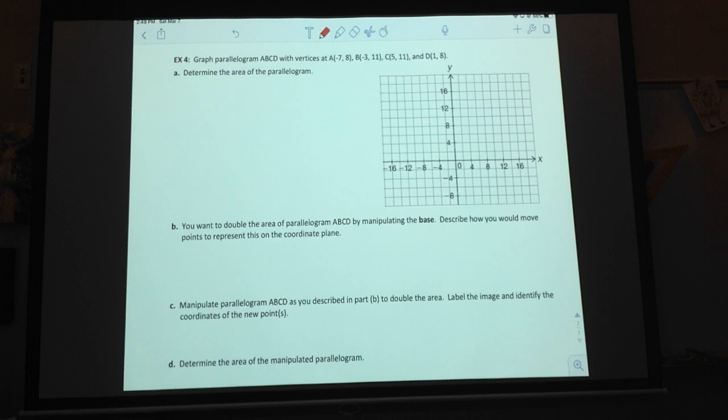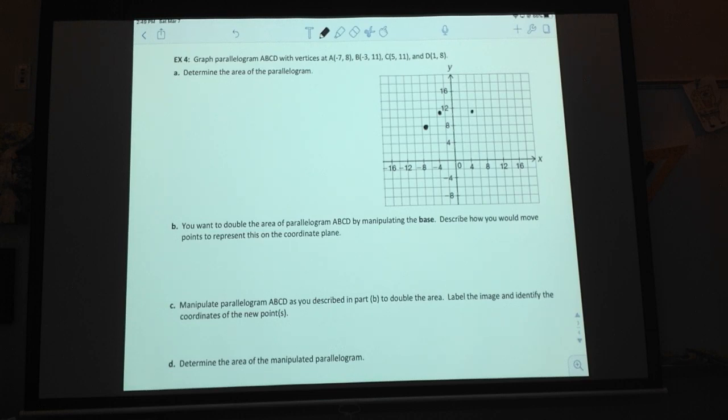It says graph parallelogram ABCD with vertices A at -7, 8, B at -3, 11, C at 5, 11, and D at 1, 8. Go ahead and do that now. So -7 and 8 is going to be right there. -3, 11 is right there. 5, 11, right there.